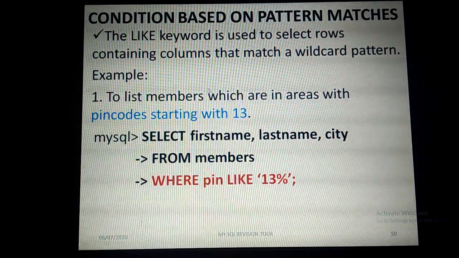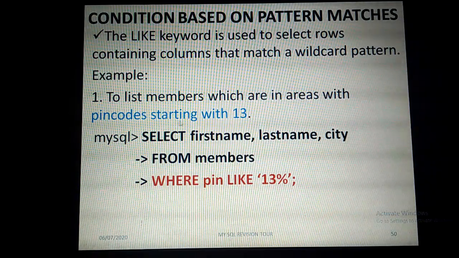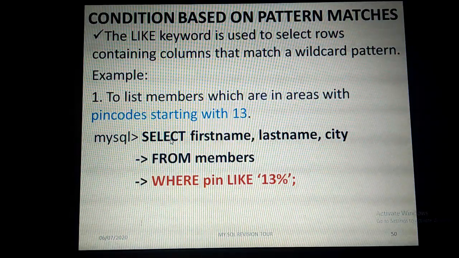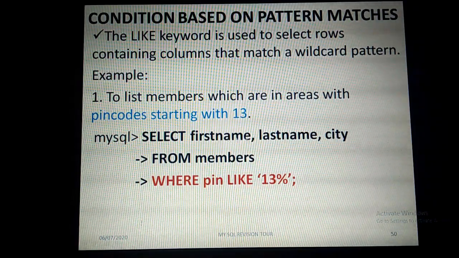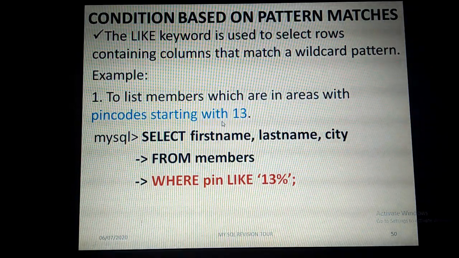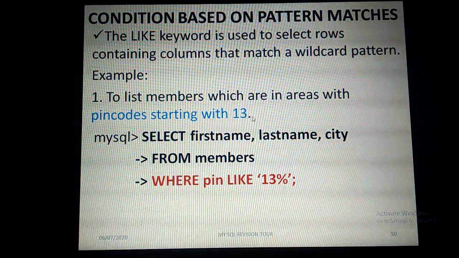To list the members which are in areas with pin codes starting with 13, select first name, last name, city, some of the column names we are going to display. The pin code should be starting with the number 13.